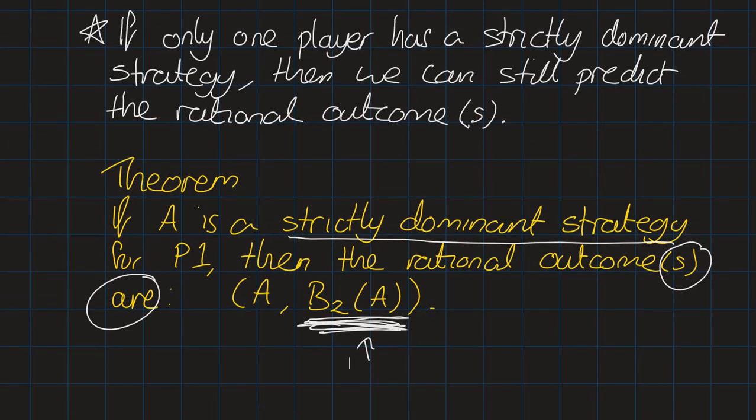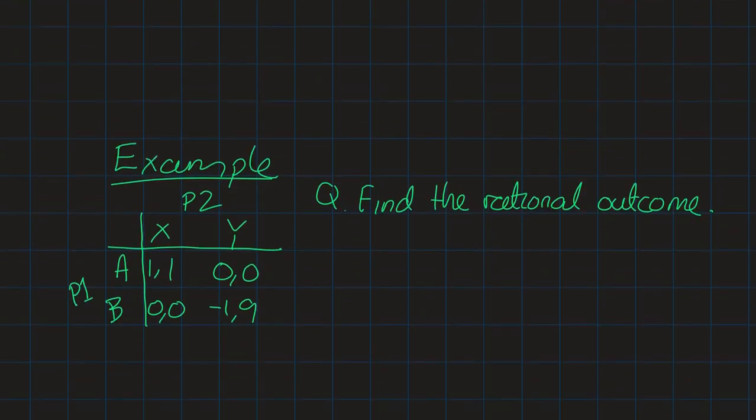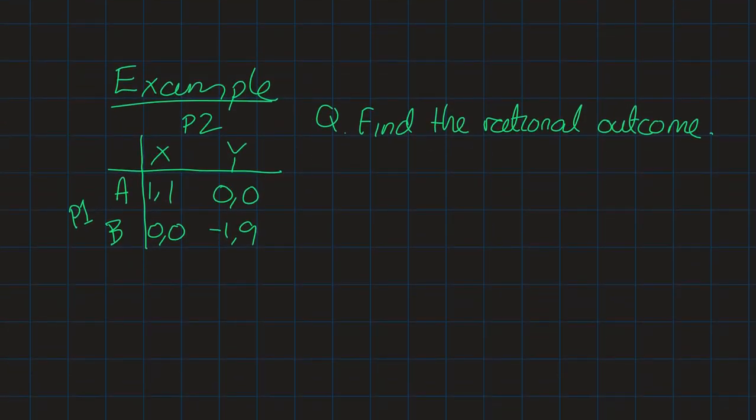So let's take a look at some examples. Here's a game, and the question is just to find the rational outcome, or outcomes if there is more than one. The first thing we need to do is work out whether there are any strictly dominant strategies. If I compare A and B, first of all, I see 1 is bigger than 0 and 0 is bigger than -1. In fact, they're strictly bigger.